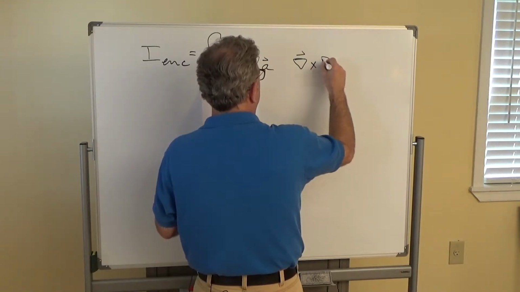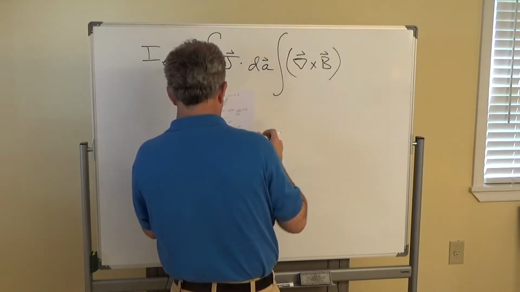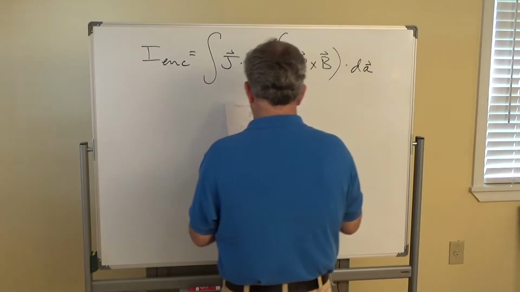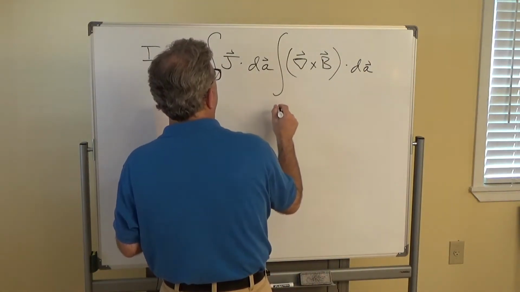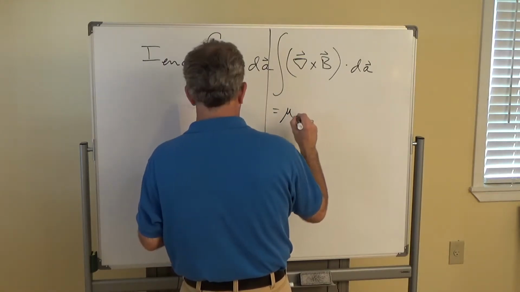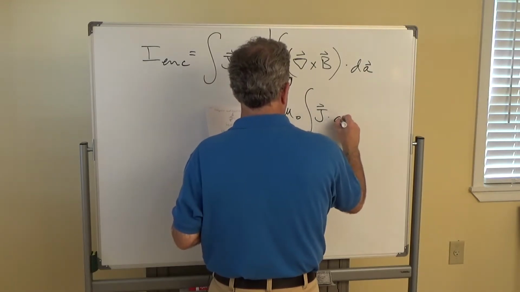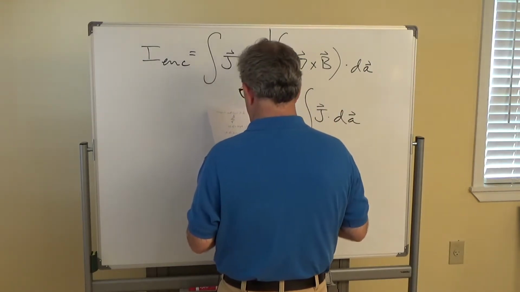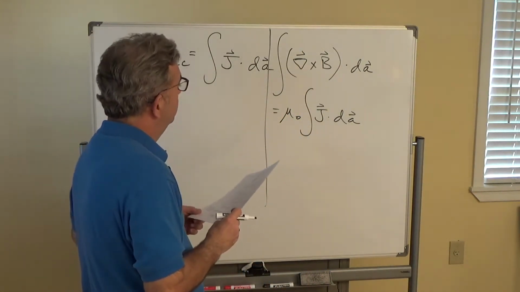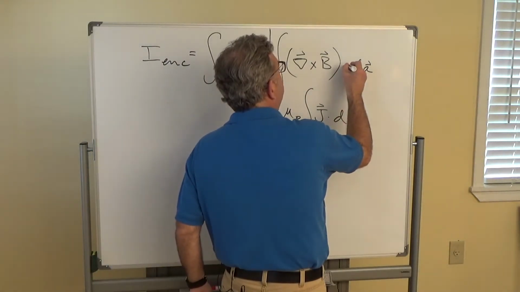The curl of B dot dA is equal to mu naught times the integral of J dot dA. This is Stokes' theorem.